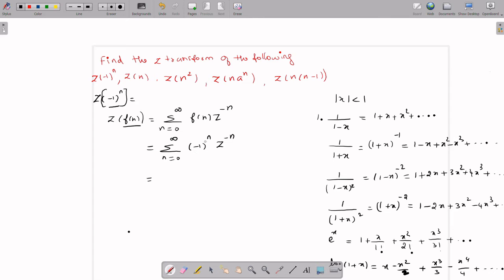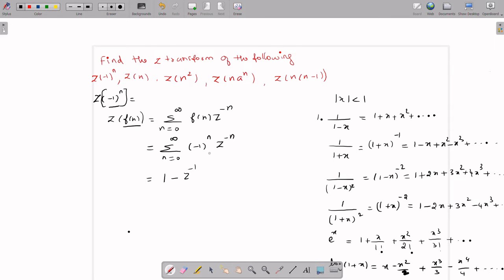You can write this term as, suppose n is equal to 0, 1, 2, 3, substitute this. Substituting n is equal to 0, what happened? Minus 1 power 0, it is 1. So you have 1. And then when n is equal to 1, minus 1 whole power 1 is minus z power minus 1.